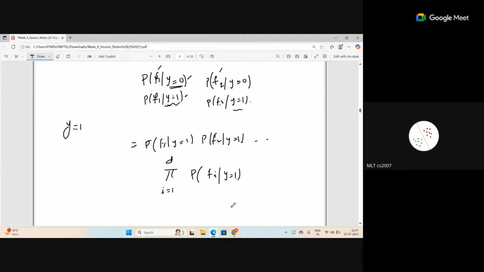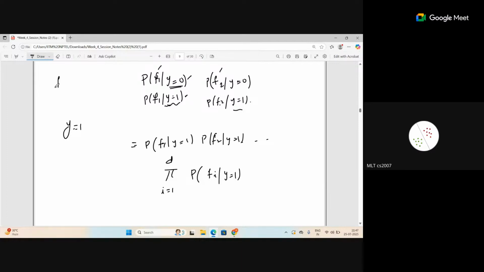Okay, how should I write this down? So all these features f1, f2, f3, probability of y is equal to 1 into probability of fi. Don't worry, I'll tell you what it is.